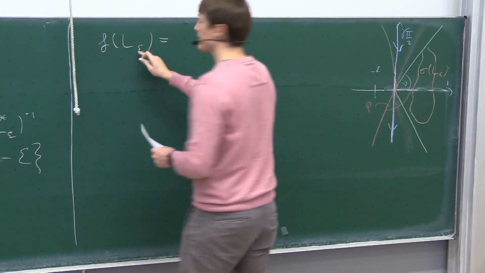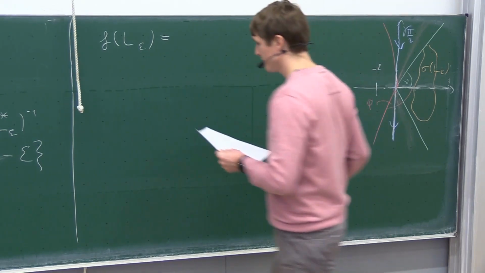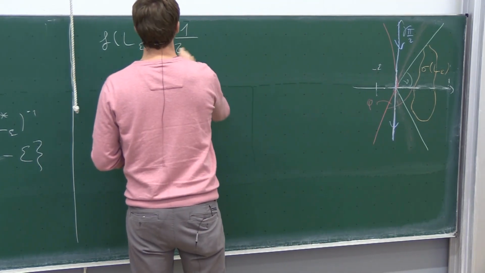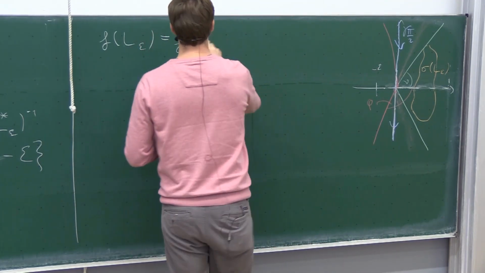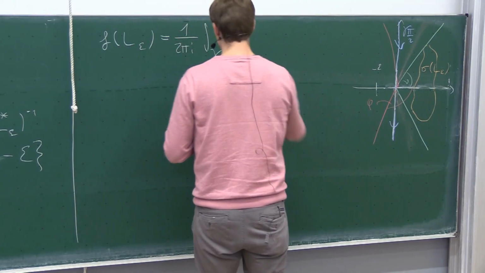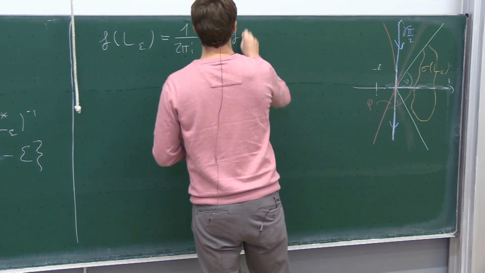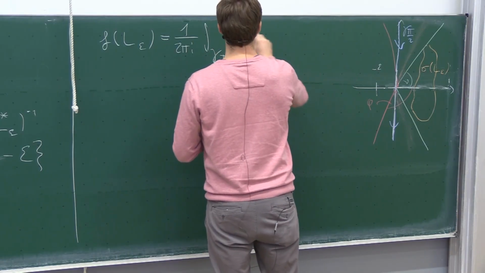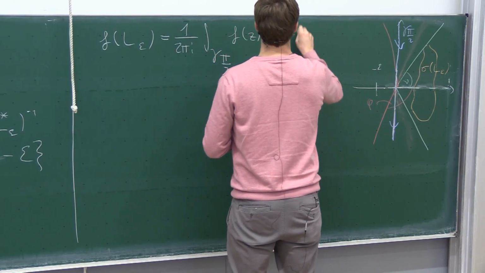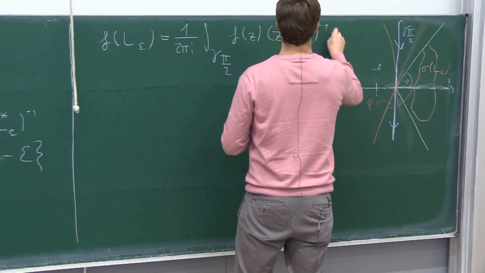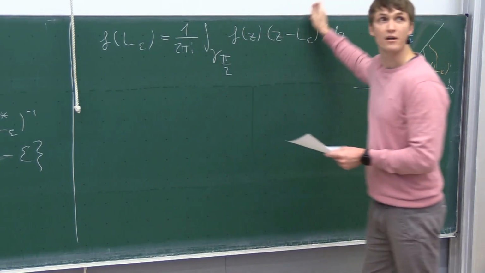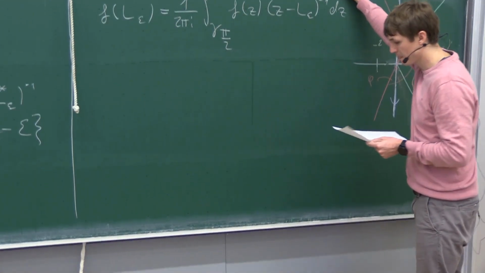So we plug L_ε into the function f, and then by definition, this is 1 over 2πi times the integral over the path with angle π/2, and we integrate f of z times the resolvent of z minus L_ε. This is just the definition of the operator f of L_ε.